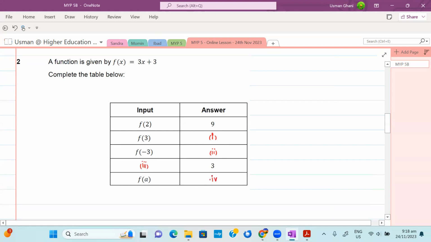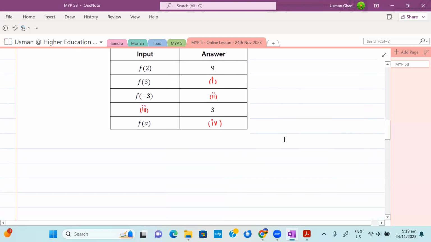Because I cannot really show the working in these boxes, that's going to be too much, so I'm just going to split everything up. So what does f of 3 mean? Just place an input of 3 in your equation, which simply means 3 multiplied by 3 plus 3, which means 9 plus 3, which means 12.